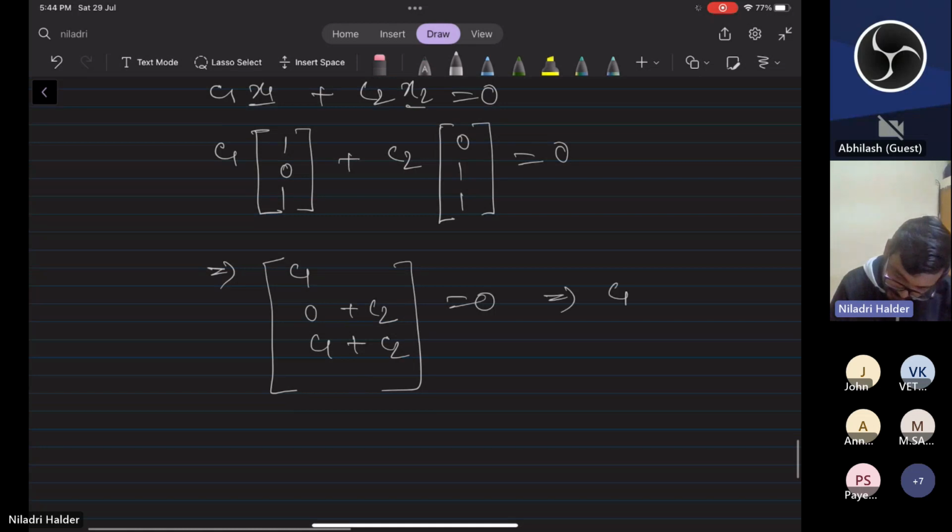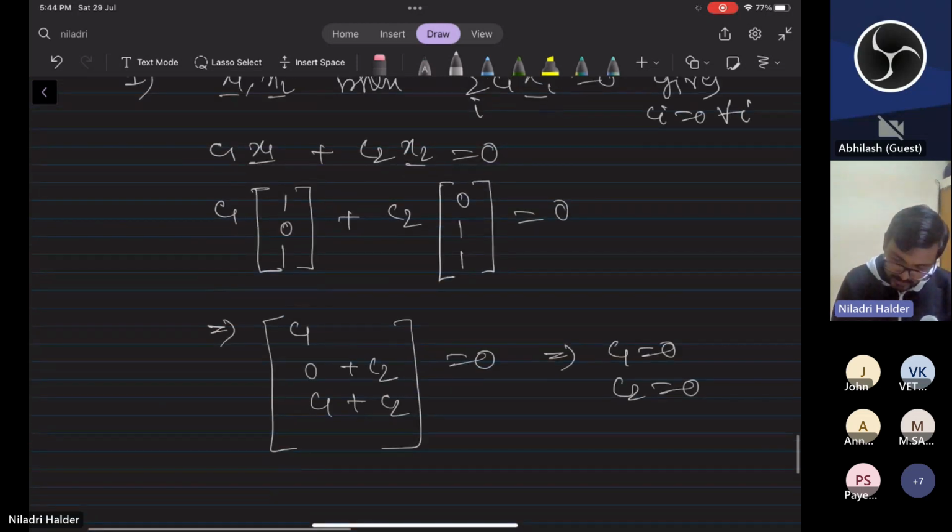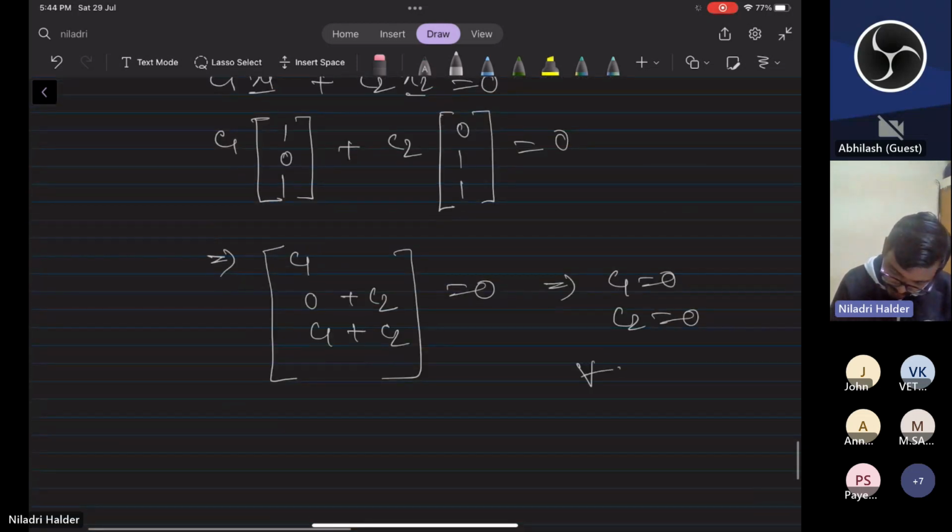Then c1 equals 0, c2 equals 0, and c1 plus c2 equals 0 also. So we can write ci equals 0 for all i.